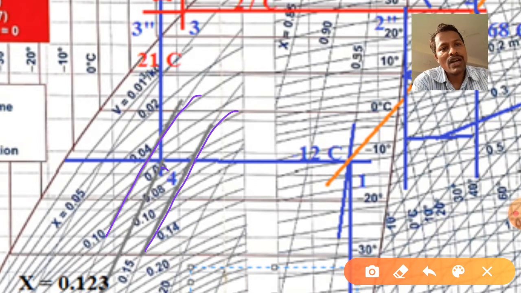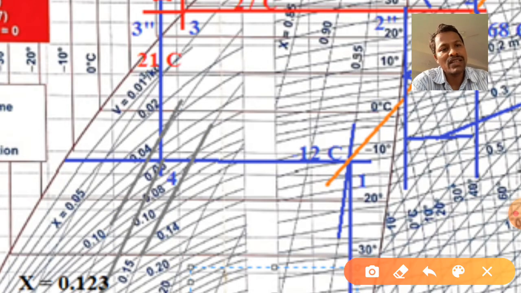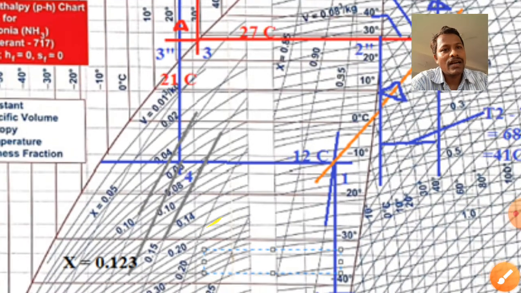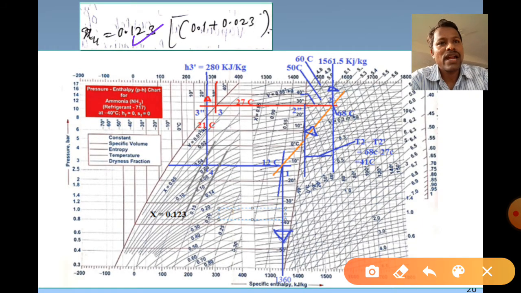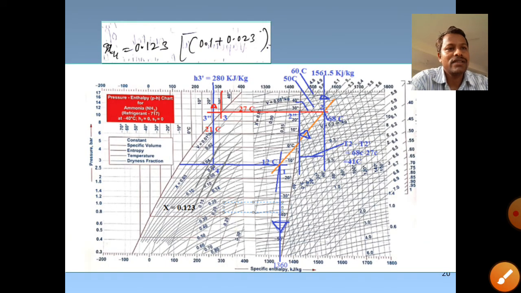In between them we have state point 4. So we can approximate the distance between these two lines and write the dryness fraction at state point 4 as 0.123. This is the condition of the refrigerant at the inlet of the evaporator or exit of the throttle valve.